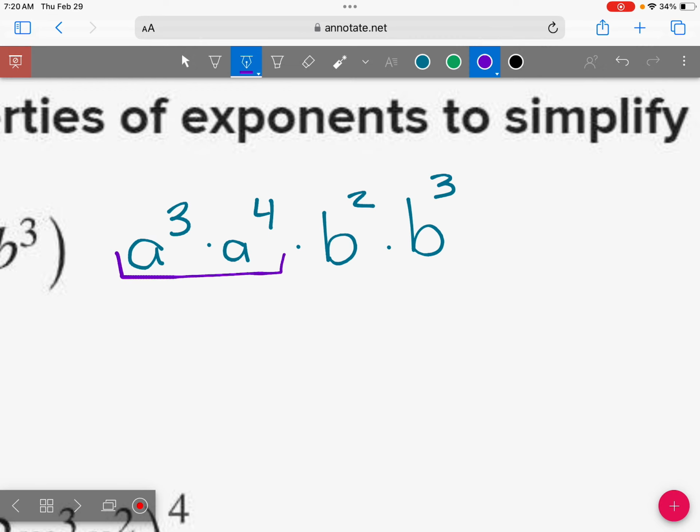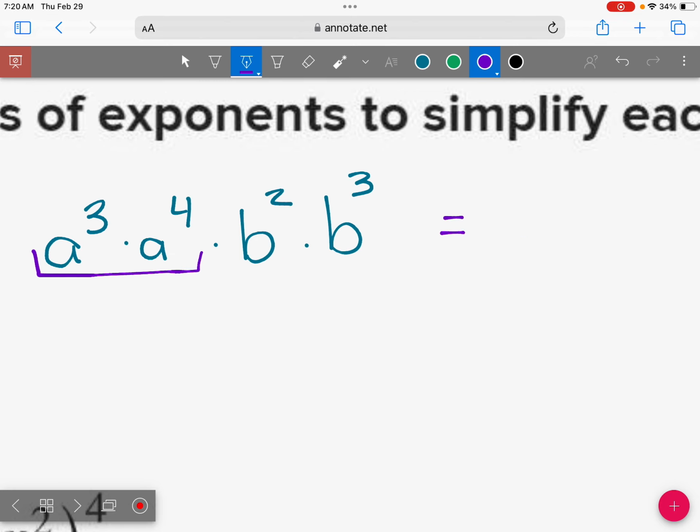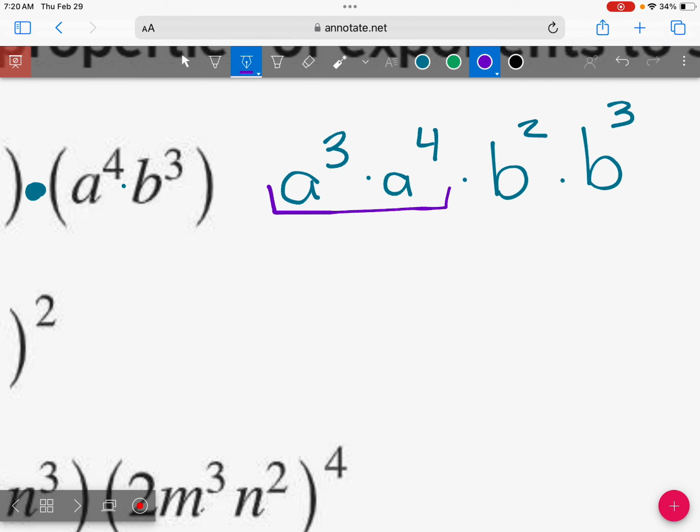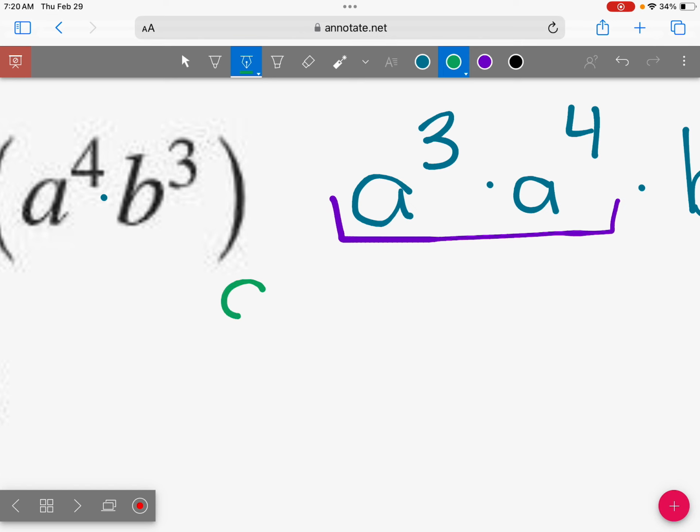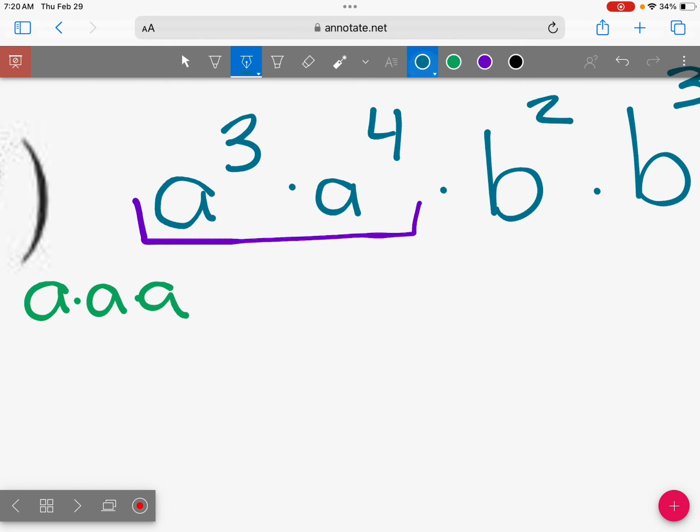Because if I have a to the third times a to the fourth, how many a's do we really have here? It's not going to be 12. 7. Remember, a cubed, I could write that as a times a times a. And a to the fourth, that's a times a times a times a.